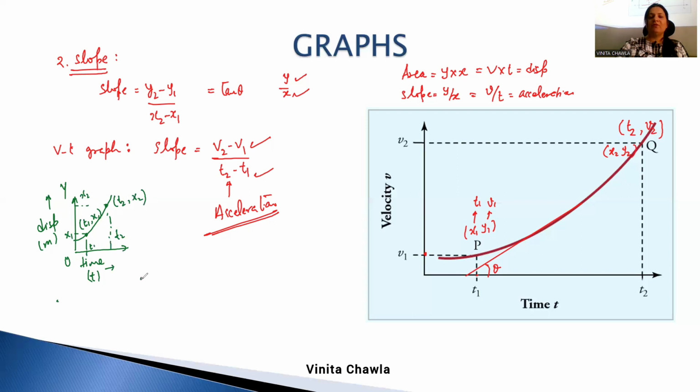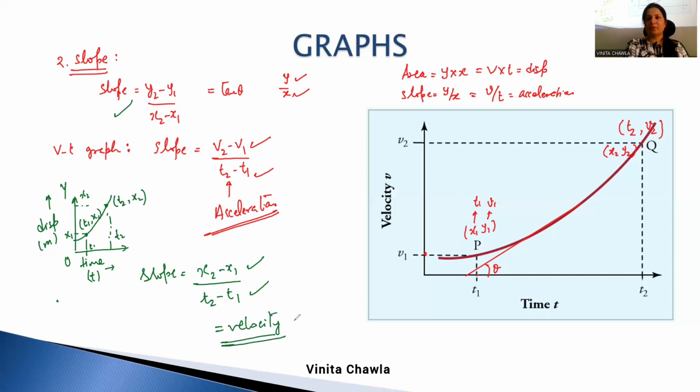So when we find slope of displacement time graph, we use the formula y2 minus y1 upon x2 minus x1 only. So here we subtract ordinates and then we subtract abscissas. In ordinate, we have x2 minus x1 and abscissa is t2 minus t1. This is displacement upon time. When we divide displacement and time, we get velocity.